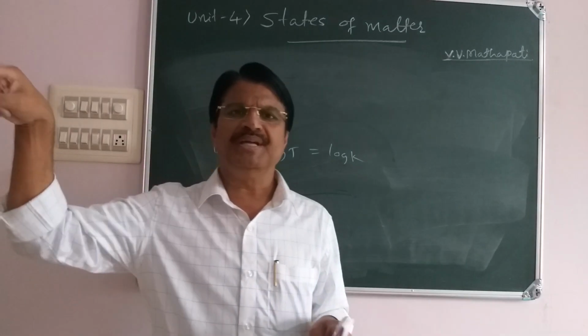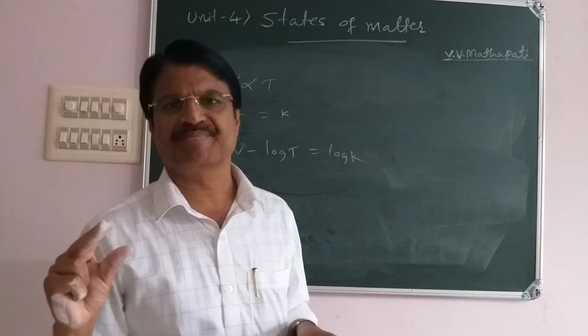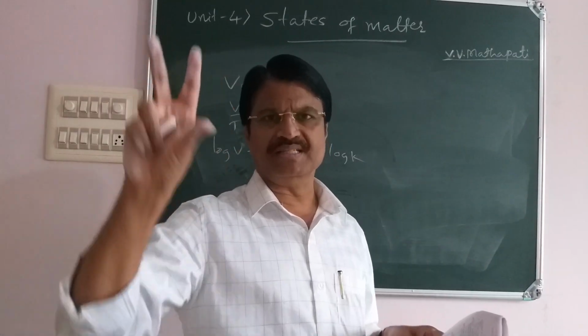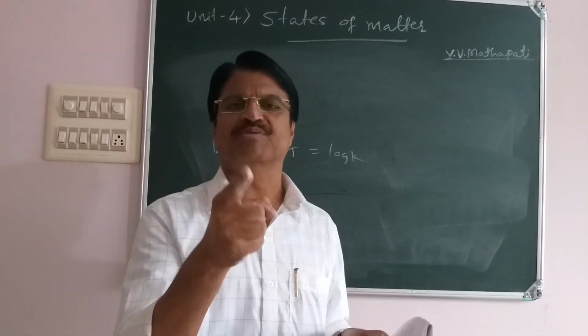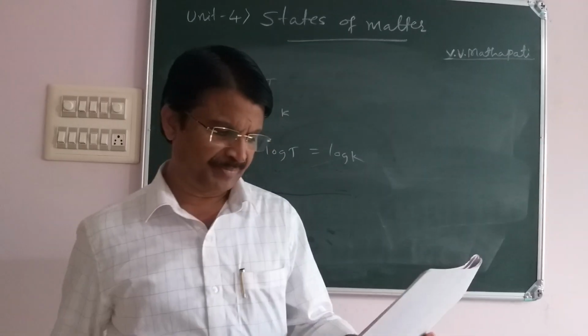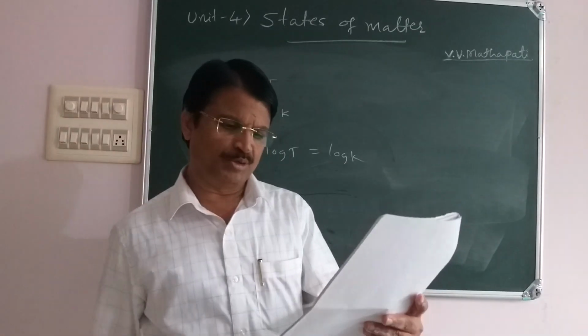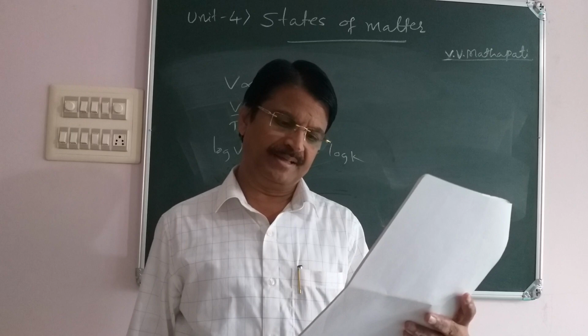And B indicates the size of the molecules. If it is a hydrocarbon molecule, size is more. Chlorine, bromine, size more, but intermolecular force is higher. Now see the values of the van der Waals constant A.